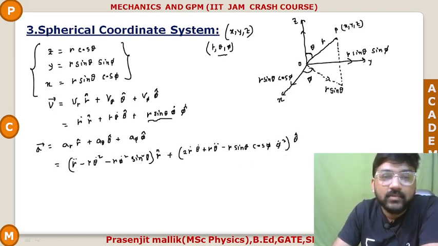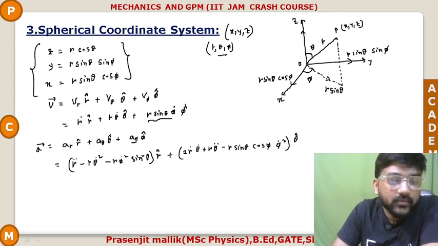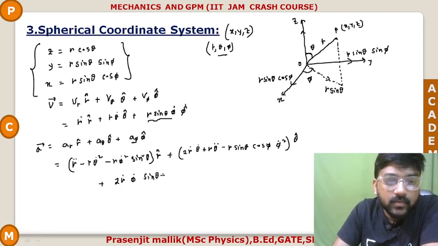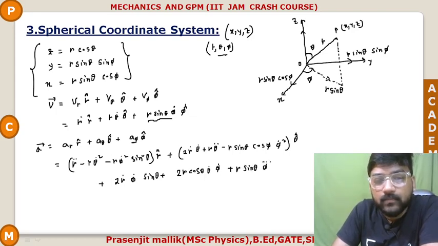And the last term, completing the new term for a phi, is plus 2 r dot phi dot sin theta plus 2 r cos theta theta dot phi dot plus r sin theta phi double dot, along phi cap.